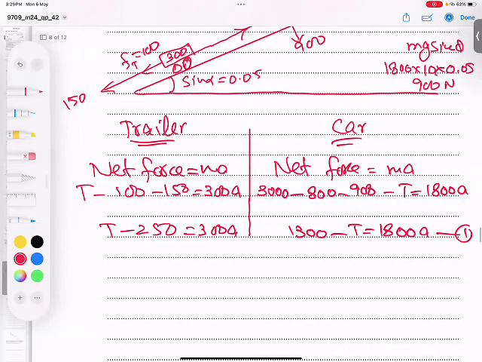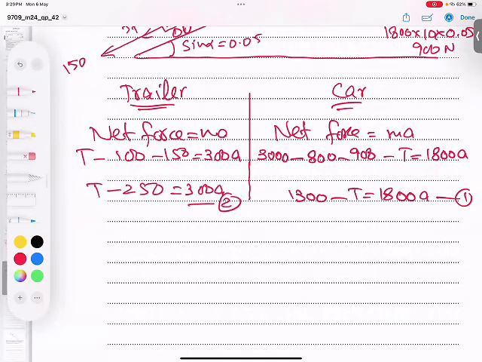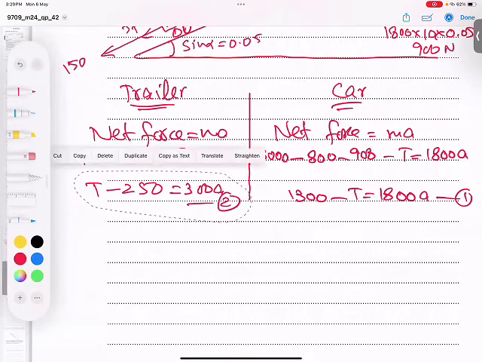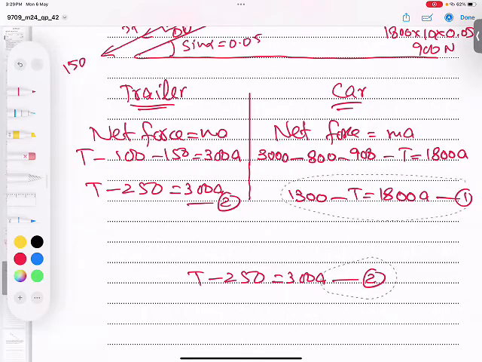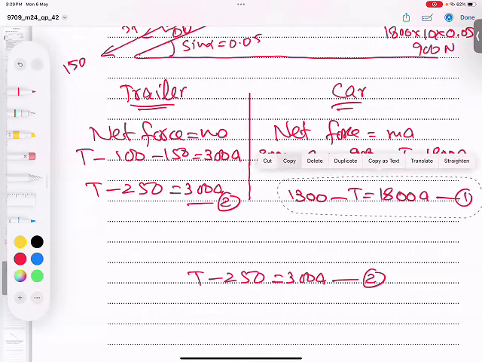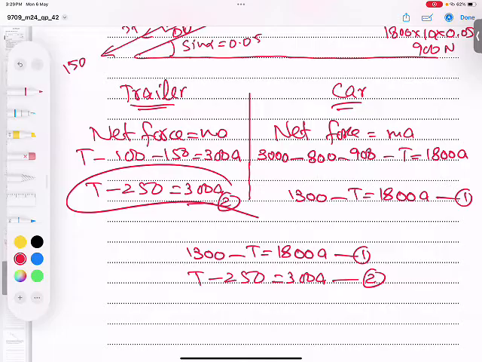Now students, I will copy both equations. This is equation number 2. I copy this equation and paste it here. You can save your time in the exam, you can write this equation down here.